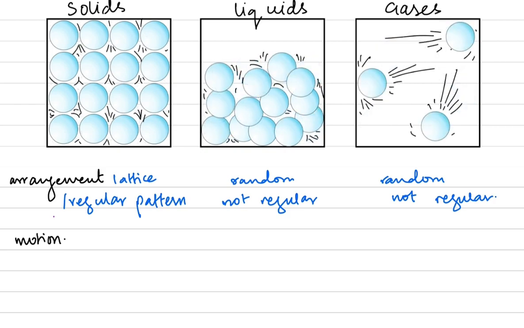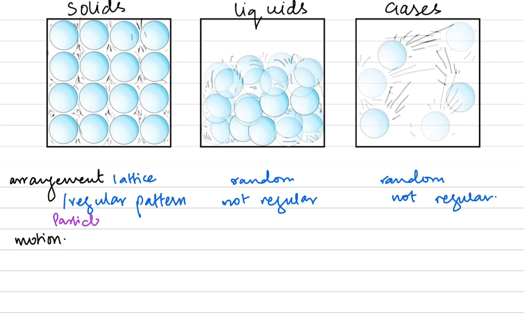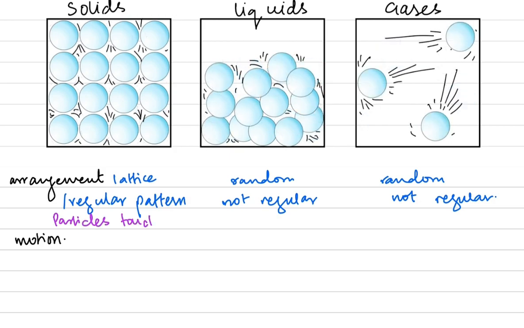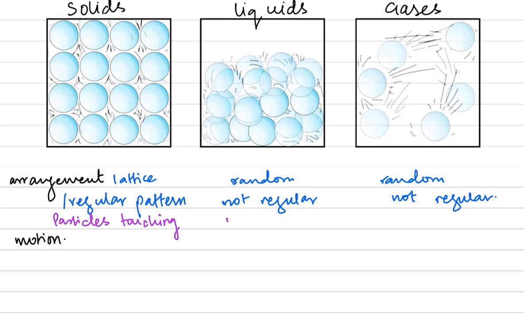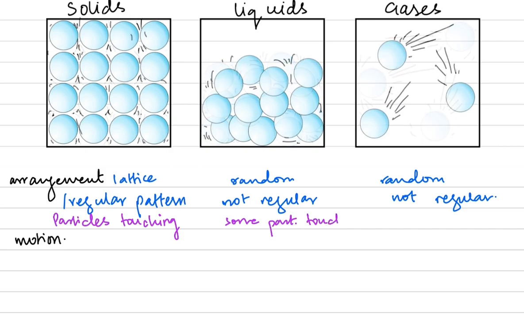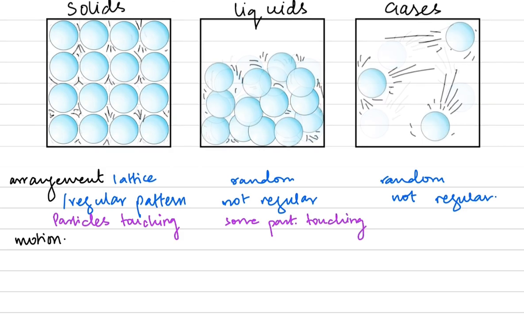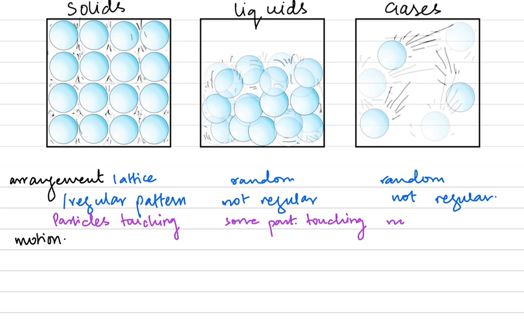When we talk about motion exhibited by these particles, first we need to also write that particles touch each other in the solid state. So particles are constantly touching each other. When we talk about liquids, some particles keep touching each other, and in gases, no particles are touching at all.